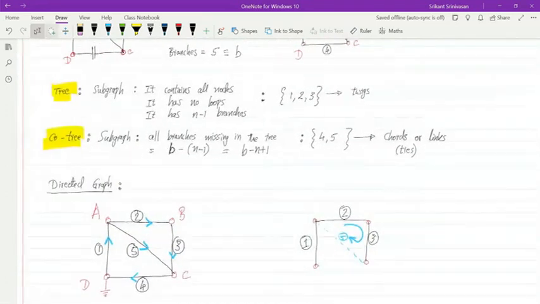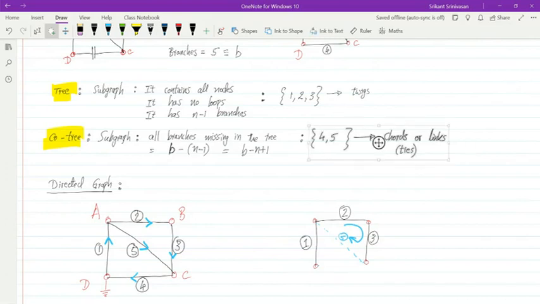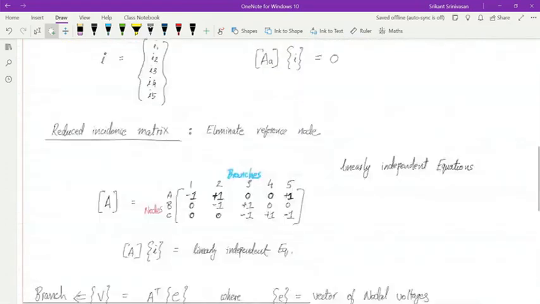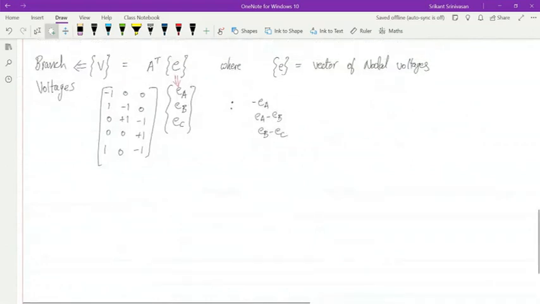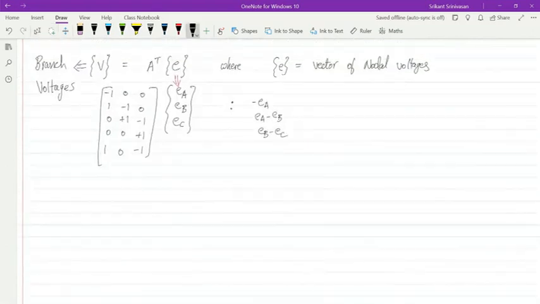For every chord or link, I create a loop. And because I create a loop, I can now do KVL in this loop. So what we did so far is more like KCL: nodal analysis using the incidence matrix. Maybe next time we'll look at the chords and links and do KVL. There's just one interesting concept that you should also be aware of, which is called duality. We will discuss that in more detail next time.